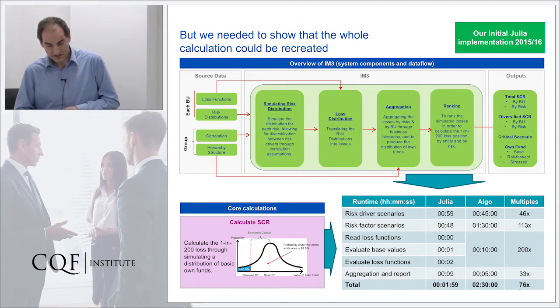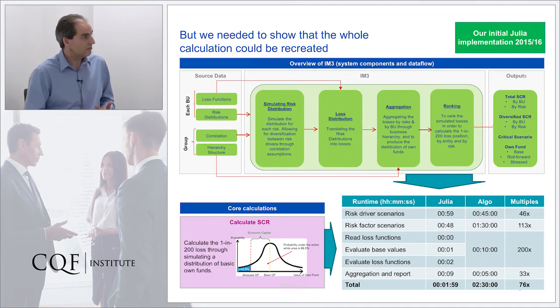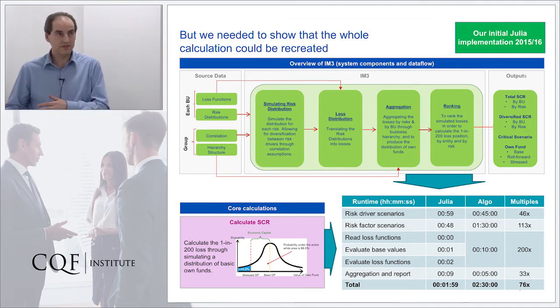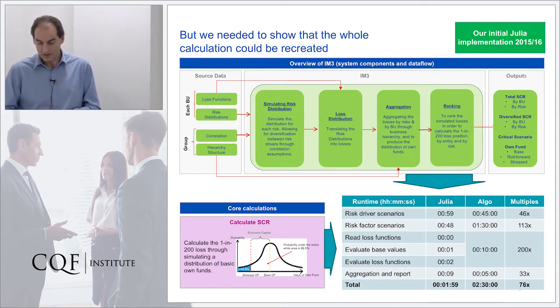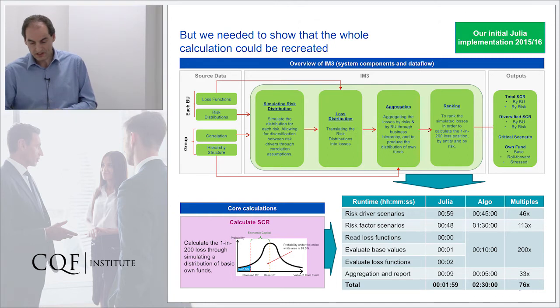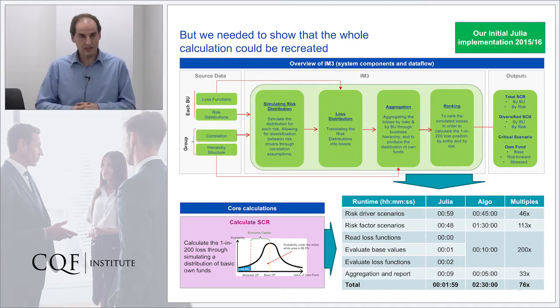And you can see some of the remarkable runtimes that we got from the system. And this was not after months of tuning, this was first time through. So instead of Algo taking 2 hours 30, if I take a slice through these different steps, we could get it running in about 2 minutes.